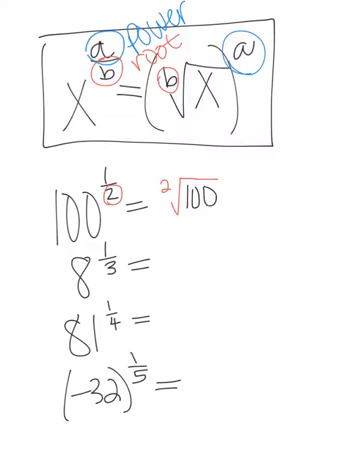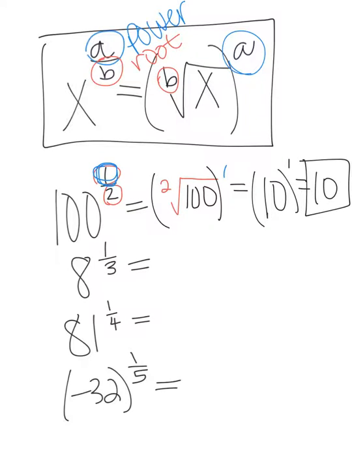Your base always goes under the radical. And then my power would be 1. Remember that we don't have to write this little 2 here. So this is really the square root of 100. The square root of 100 is 10. And then this would be 10 to the first power, which is just 10.